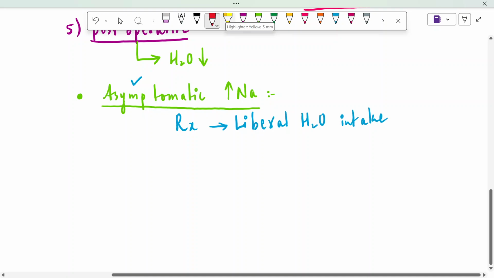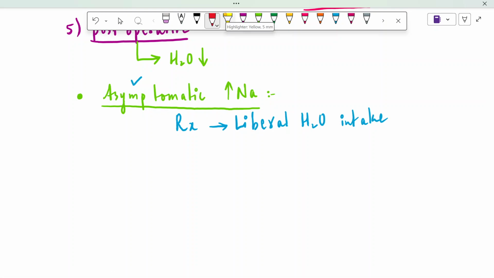So what is the fluid correction of hypernatremia? We are going to discuss the volume of the fluid correction. What is the formula? The volume of fluid correction. We will also discuss an example. Just for now, we are discussing the volume of the fluid correction. Like hyponatremia, there is also a formula in case of hypernatremia.